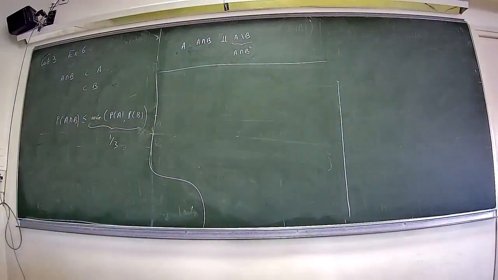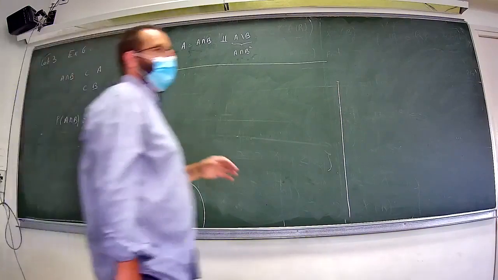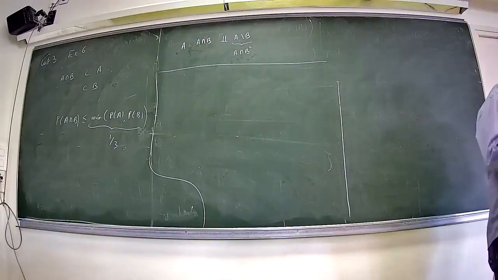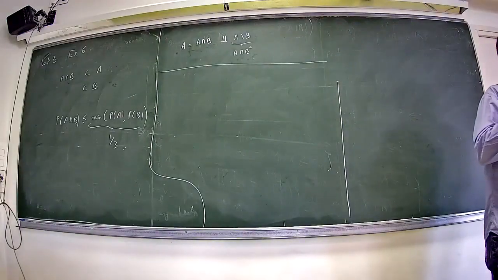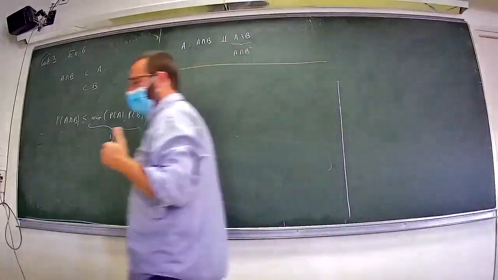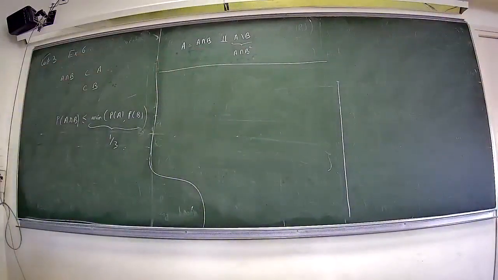Another way to do this would be my way. When I see this statement, what I am thinking about is that I have in my statement A, B, and A intersecting with B. Among the properties we have seen together, there is a priori a single one where these three quantities are involved.